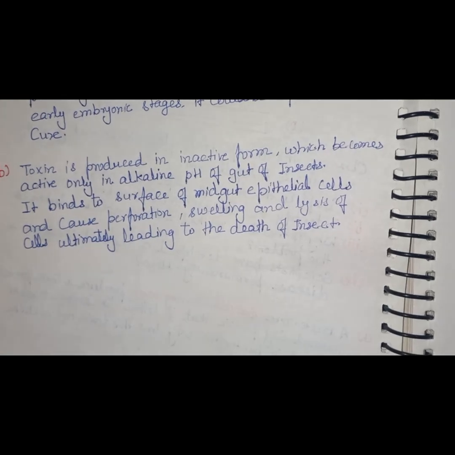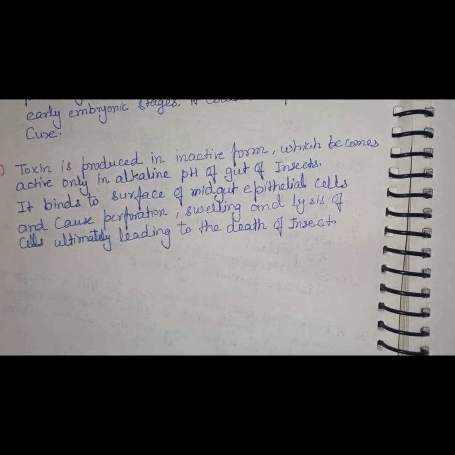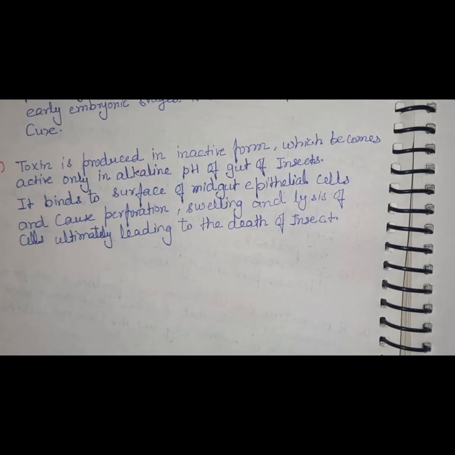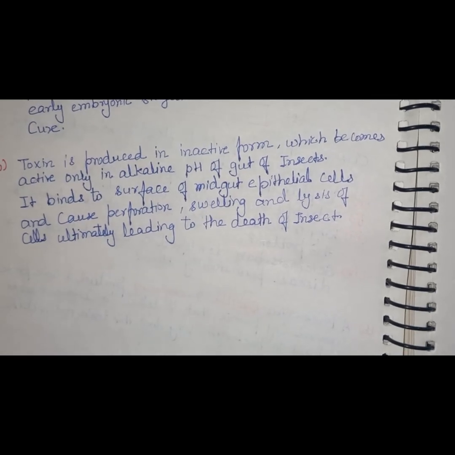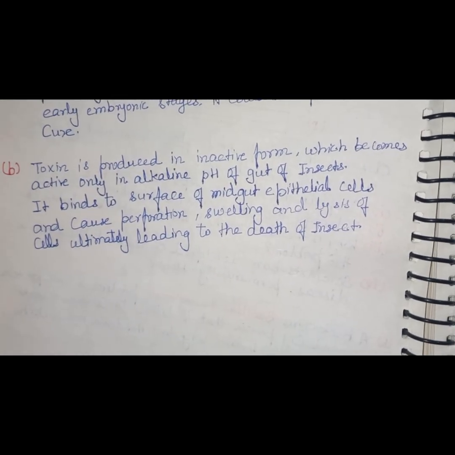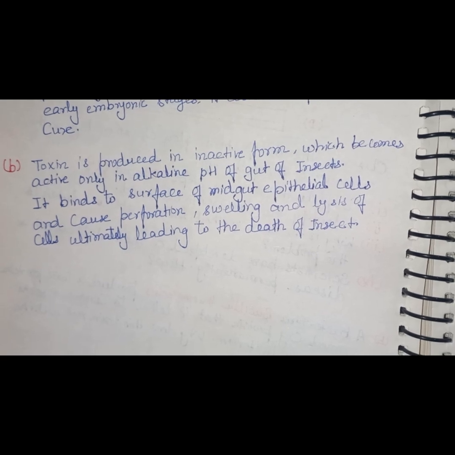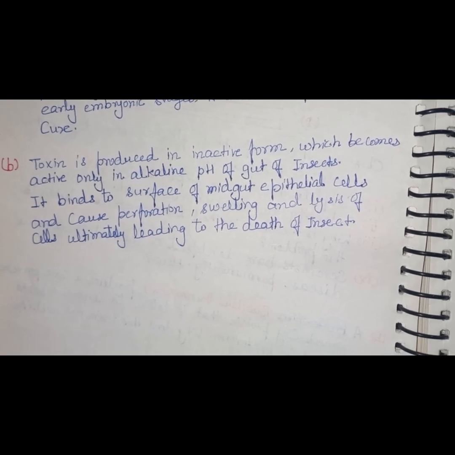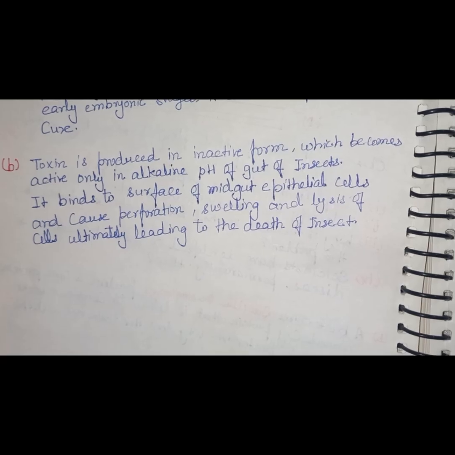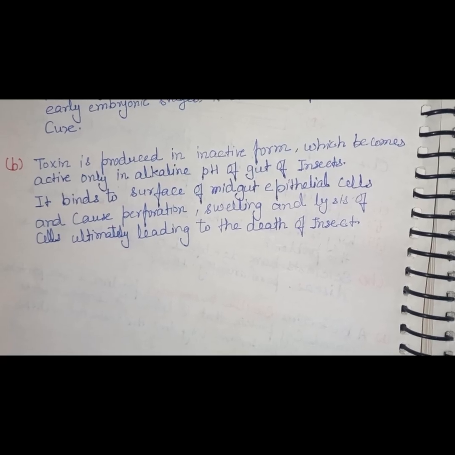It binds to the surface of the midgut epithelial cells and causes perforation. Because of that, swelling can occur and lysis of the cell ultimately leads to the death of the insect.